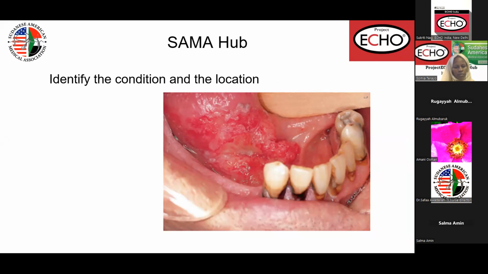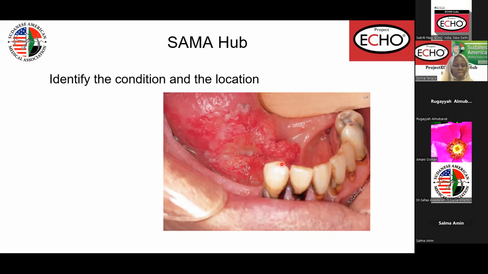So, looking at this lesion here. This lesion here.